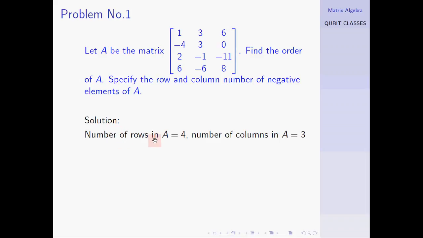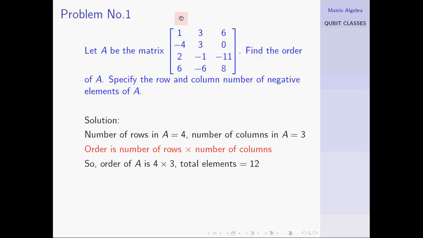The number of rows in A are 1, 2, 3 and 4. Similarly, the number of columns in A are 1, 2 and 3. Now the order of a matrix is defined as the number of rows times the number of columns. So in this case, the order will be 4 by 3.